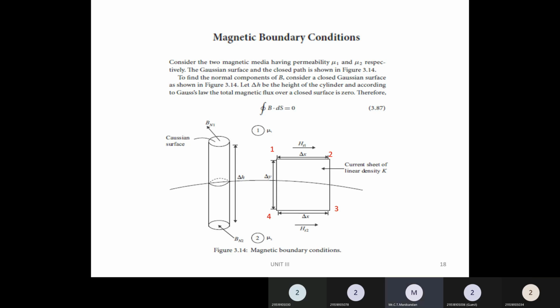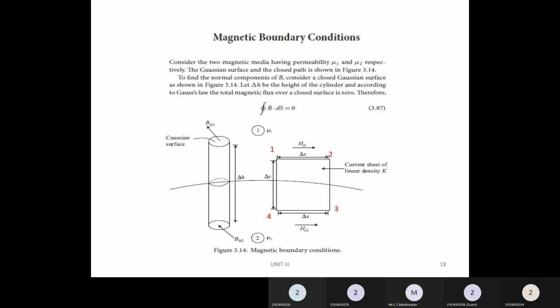When you place one material over another material, what will be the effect on magnetic field intensity and magnetic flux density? There we saw electric flux density and electric field intensity. Similarly here, you will see magnetic field intensity and magnetic flux density.